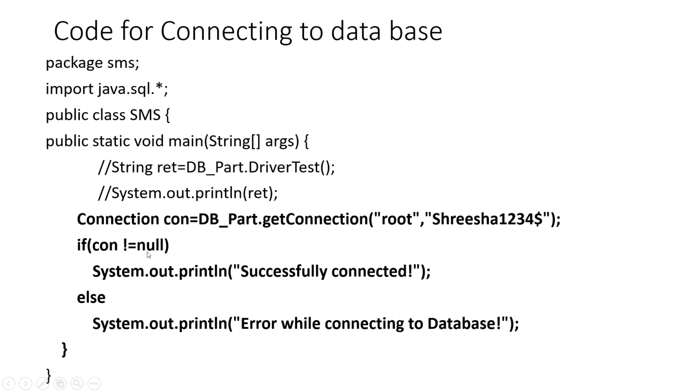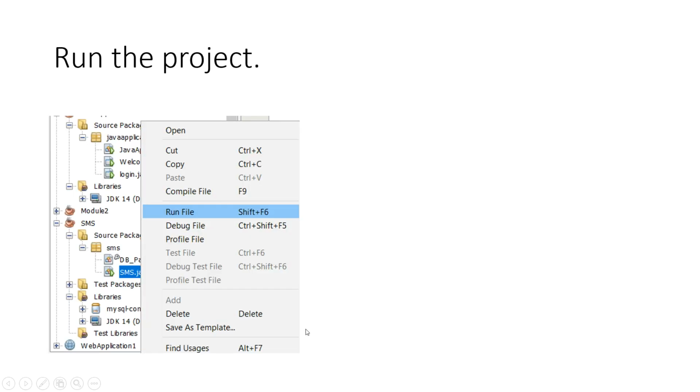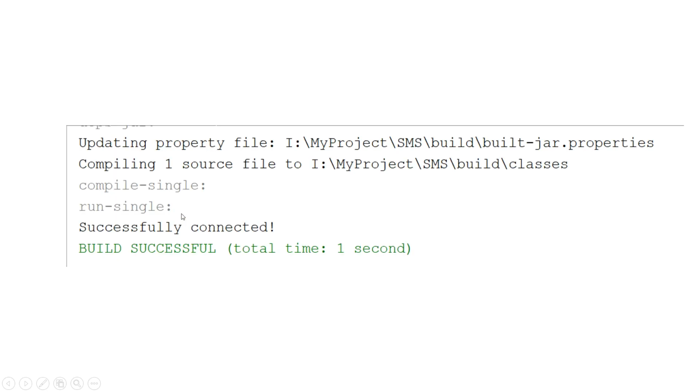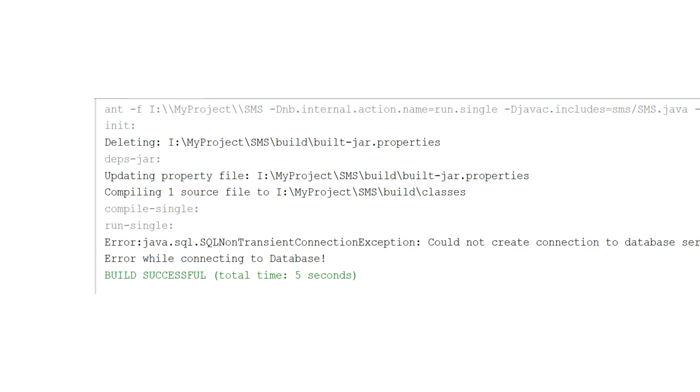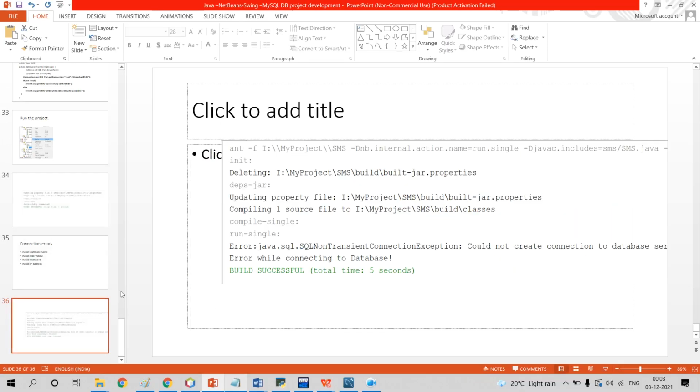If the connection object is null, that means you're unable to connect to the database. Right click over the project, run. If everything is proper, you'll get this message. Suppose the username is wrong, the database is wrong, the password is wrong, or the IP address is wrong, you'll get an error message, a customized error message, or a trace can also be displayed. I'll show how to run that program in NetBeans.